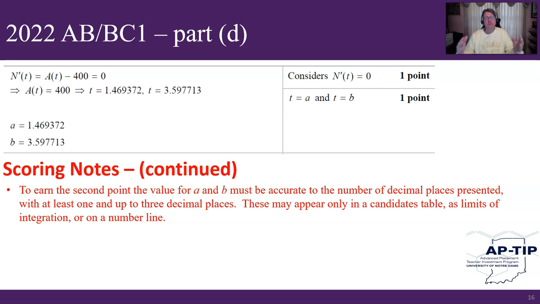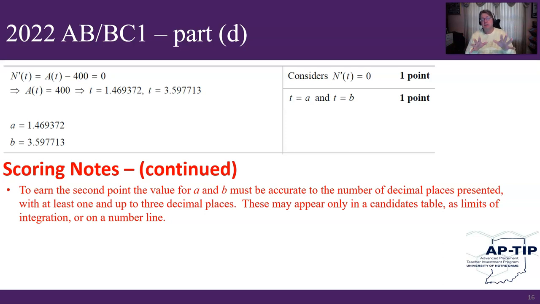A lot of times we like to tell our students to round to 1 decimal place more, 4 places in the middle of a problem, or to use all of the decimal places that your calculator will present, which is typically 6 with default settings. That's what you want to look for here for A and B. They have to have at least 1 and up to 3 decimal places. Anything beyond 3 we're going to ignore anyway.